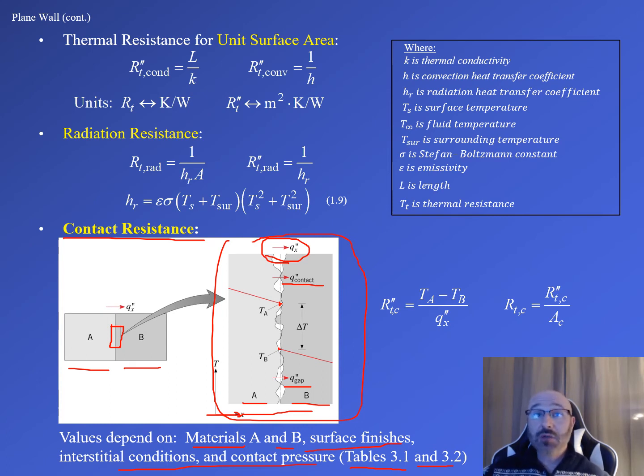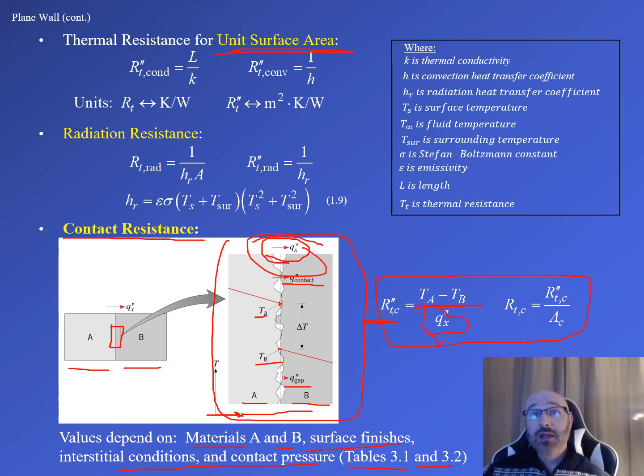Now this information comes into play in our governing equations over here on the right. We can see our contact resistance per unit surface area down here. Again, we don't have area coming into play here, so our equation for unit surface area is TA minus TB, the difference in the temperatures between material A and material B, divided by our heat flux in the x direction.